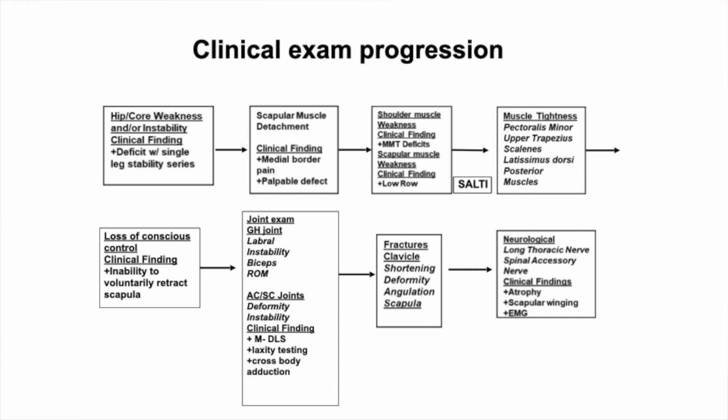You look at your joint exam, glenohumeral joint, AC joint, look for the loss of the function of the clavicle, and then do your neurologic exam. So it's a stepwise progression that you can get all of the problems that may exist.